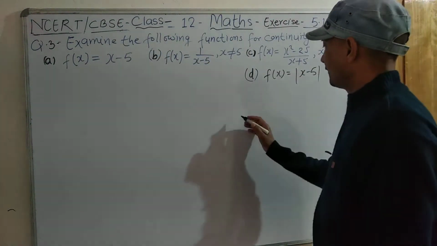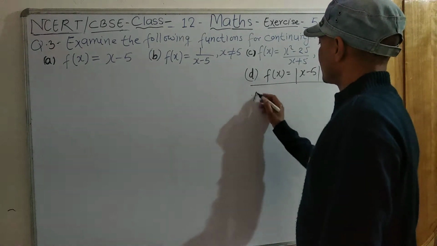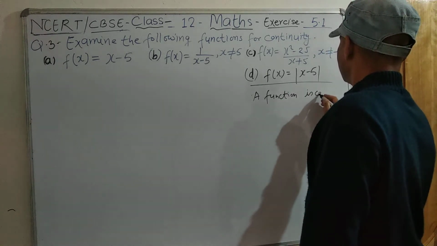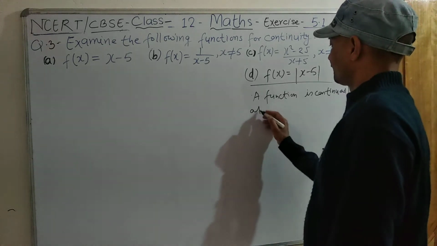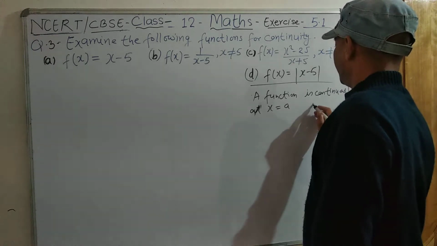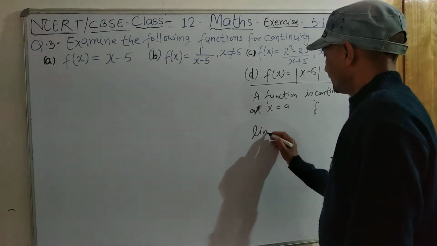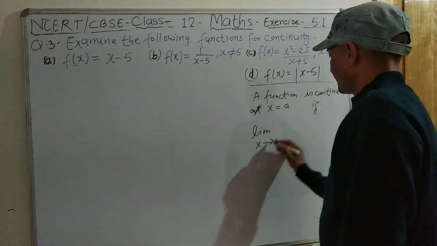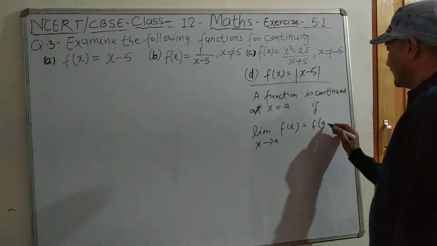At first, importantly for you, a function is continuous at x is equal to a if limit x tends to a, f(x) is equal to f(a).